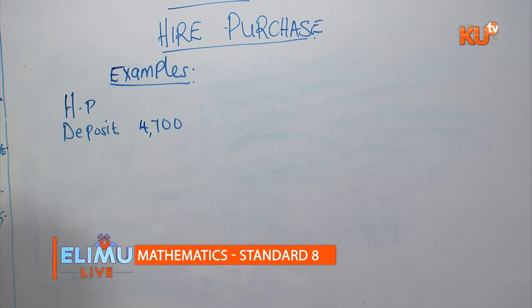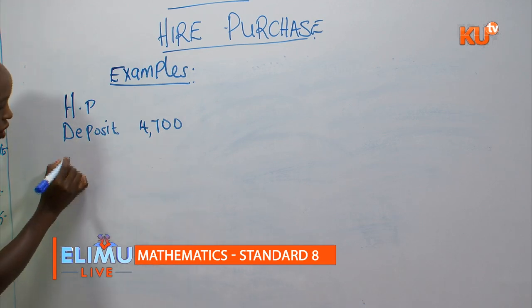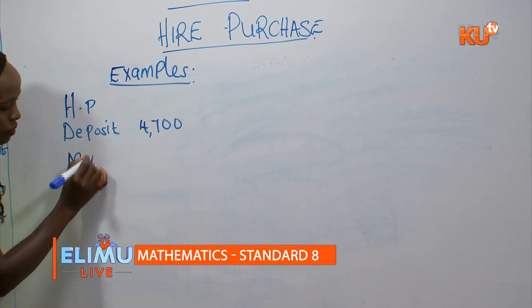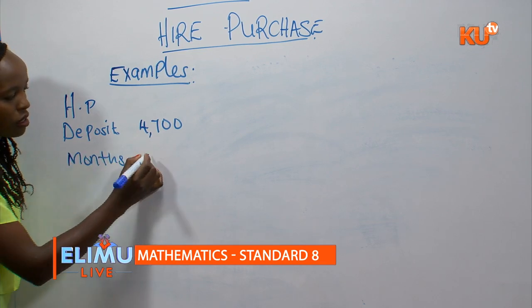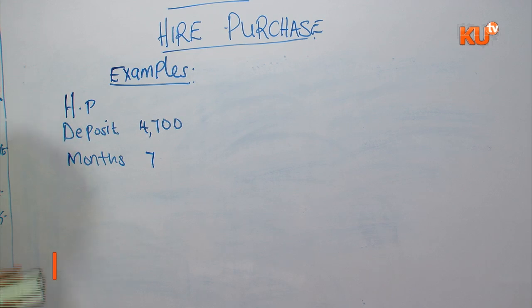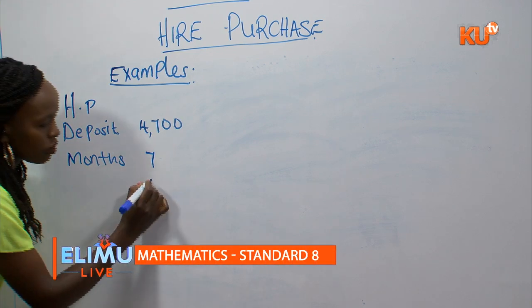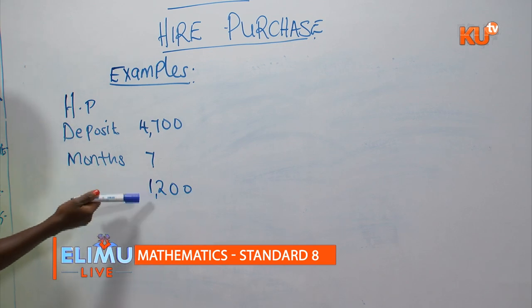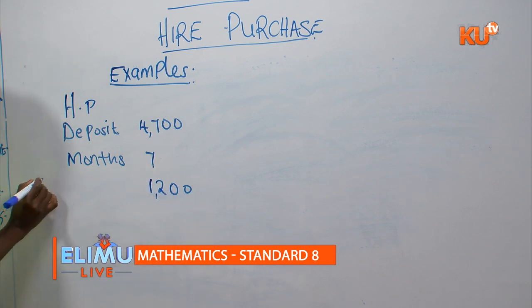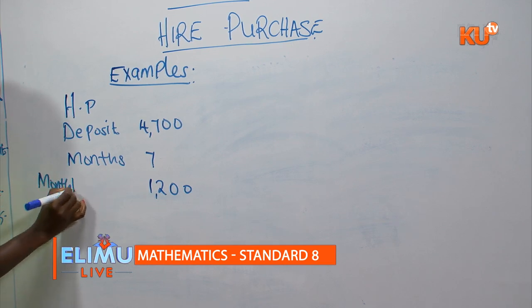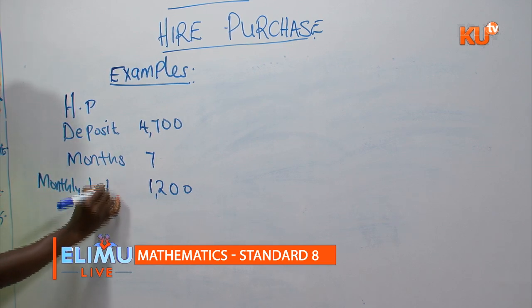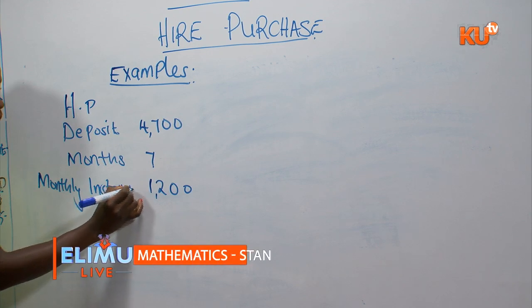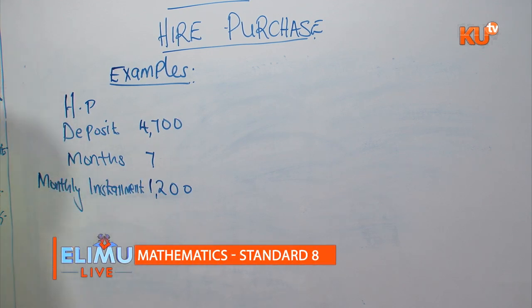There were 7 equal monthly installments. So the number of months was 7, and there were equal monthly installments of 1,200 shillings each. So the 1,200 shillings, this was the monthly installment. So we have written down what they have given us.